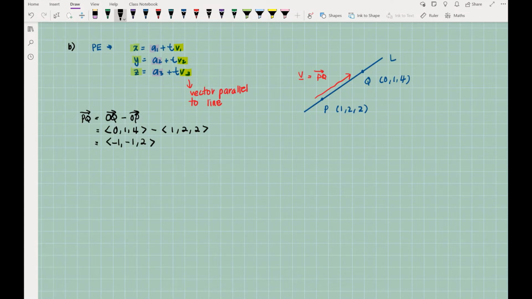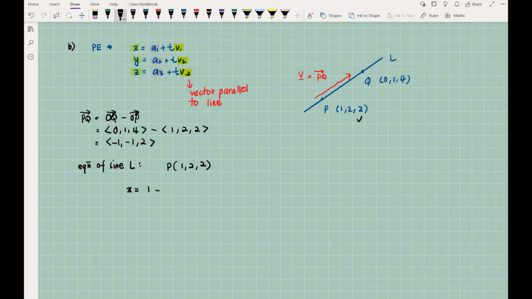Okay, so to get the vector parallel to your line, now you have to look here. If that is my line, the vector parallel to the line should be somewhat like the red arrow. So from there, I can use the vector PQ as my vector parallel to the line.